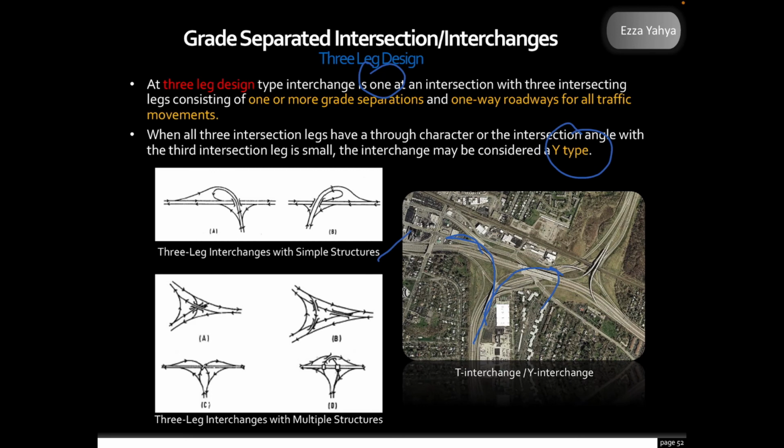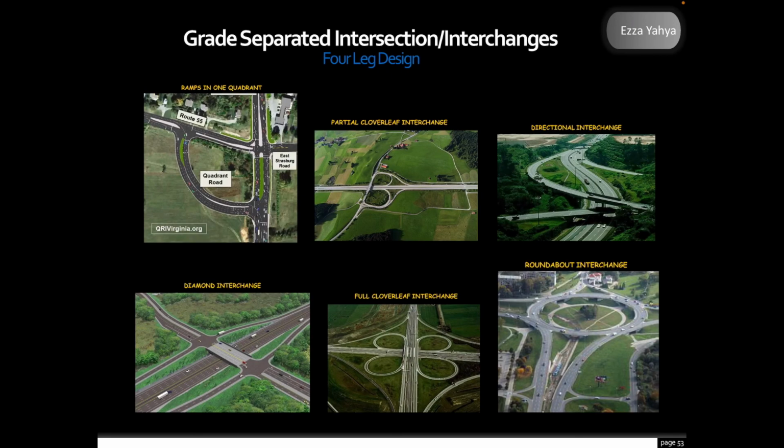Okay, this is the simple interchange. This is a multiple interchange, meaning when it becomes multiple, it is more than one. This is some kind of picture for the four-leg design. It's a ramp quadrant. This is a quadrant route. Partial cloverleaf, it is partial, shaped like a flower.